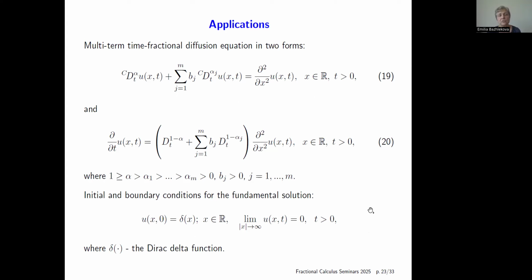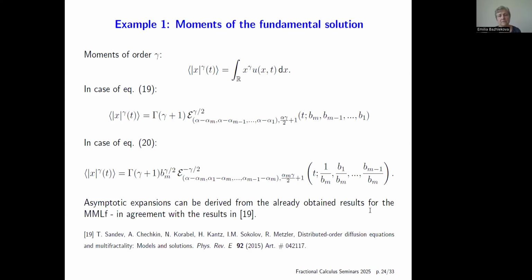Explicit solution of these equations cannot be given, but we can give explicit representations of the moments of order gamma for these fundamental solutions, which are given here in terms of multinomial Mittag-Leffler functions.